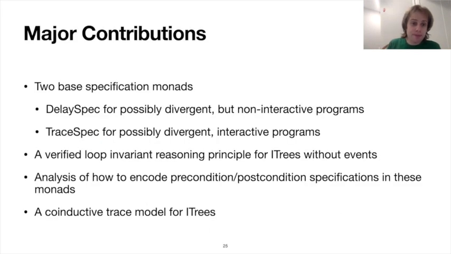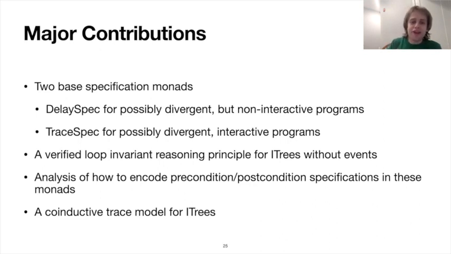So before we wrap up, I just wanted to go over the major contributions of the paper to encourage you all to please read it. So we introduced two base specification monads: the delay spec for possibly divergent but non-interactive programs, so basically when the event type over I-trees is empty, and the trace spec, which we talked about before, which works for divergent or possibly divergent interactive programs.